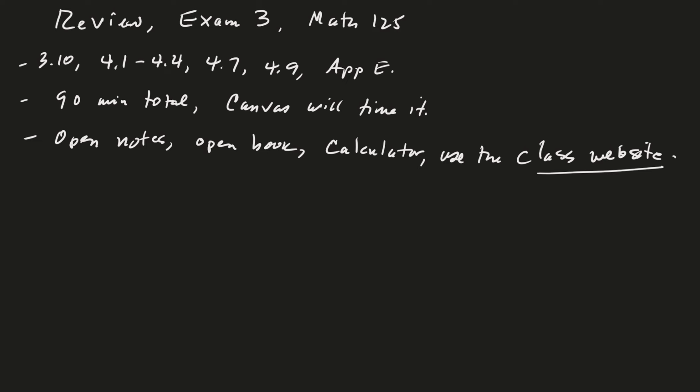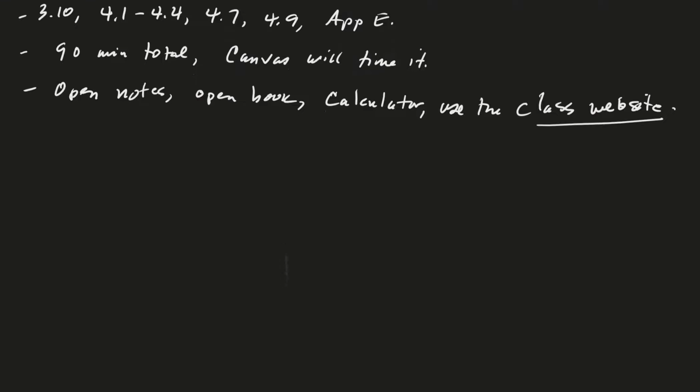What are the topics? I've listed the book sections, but let's take a look at how you might think about this material being arranged. This section of the course is really about applications of the derivative.